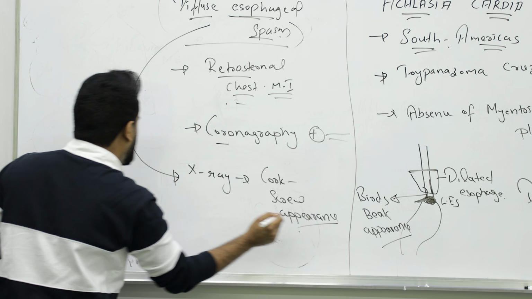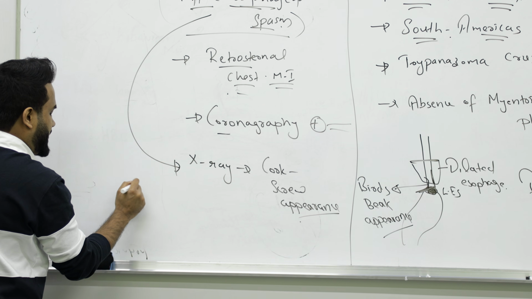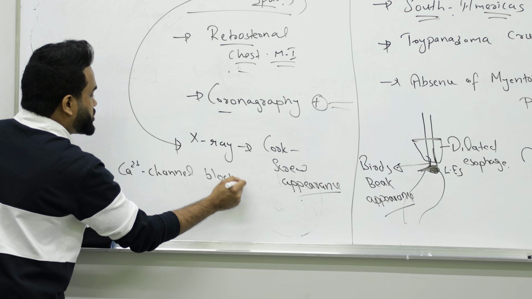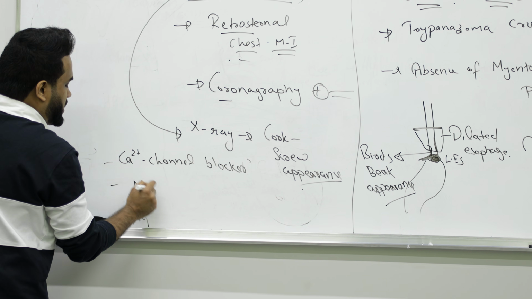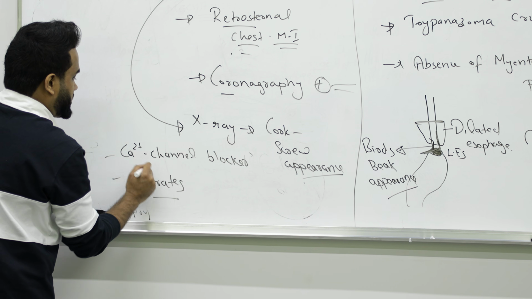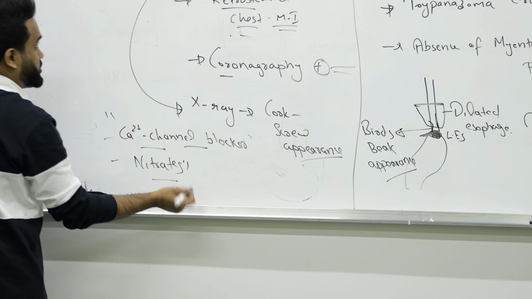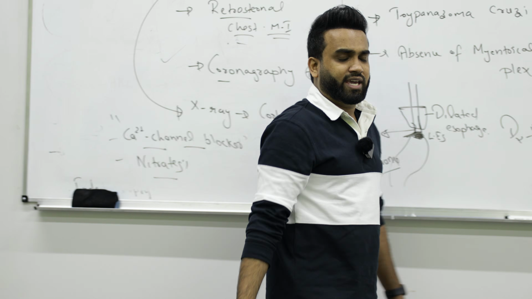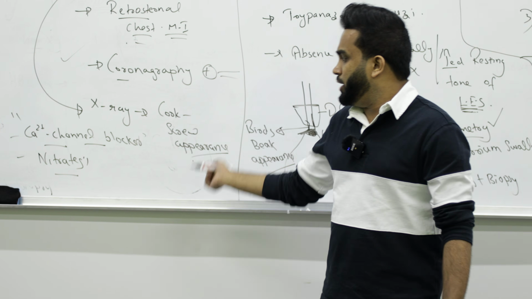To stop the spasm, we can try a calcium channel blocker, or for reducing the retrosternal pain, we can even give the patient what? Nitrates, symptomatic therapy. So remember, don't confuse DES with MI, rule it out by coronary angiography and confirm it by doing an X-ray.